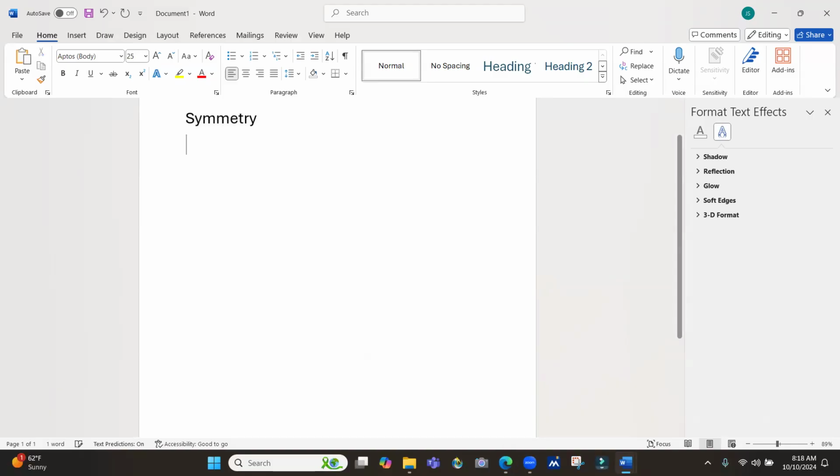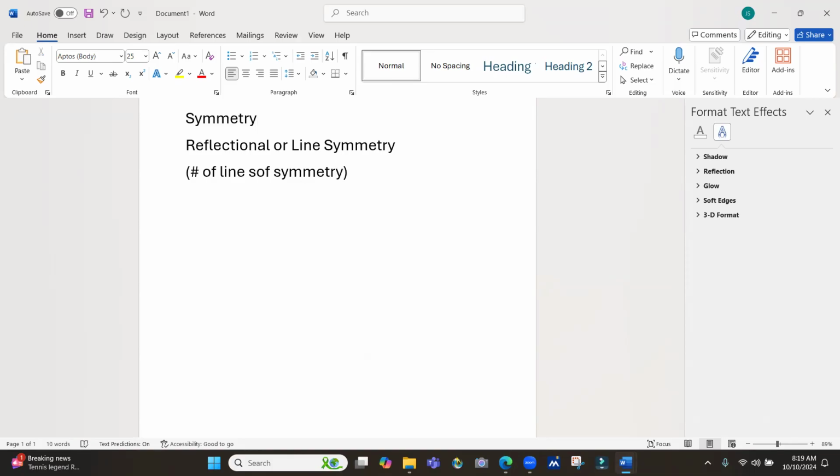Number 1 is reflectional or line symmetry, and reflectional or line symmetry has something called lines of symmetry, the number of lines of symmetry. Okay. We talked about another symmetry.